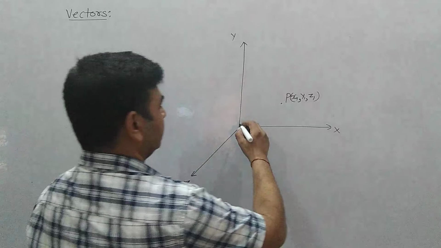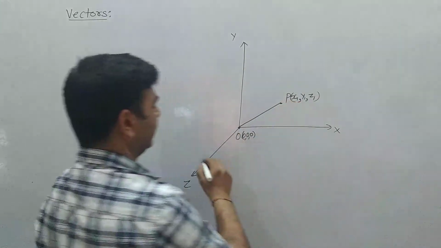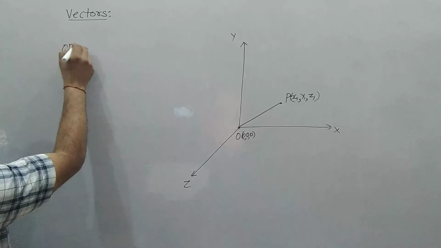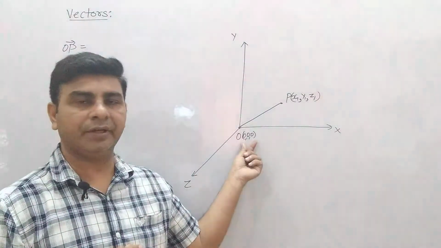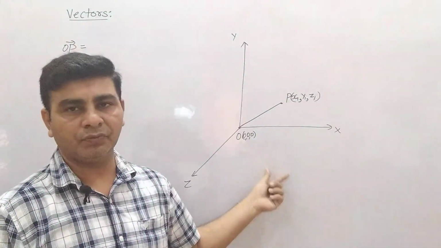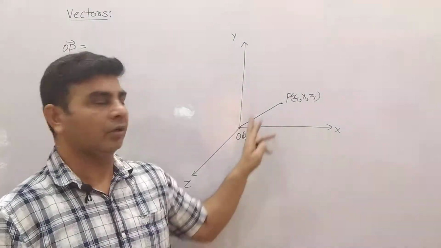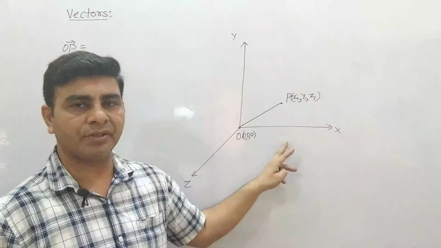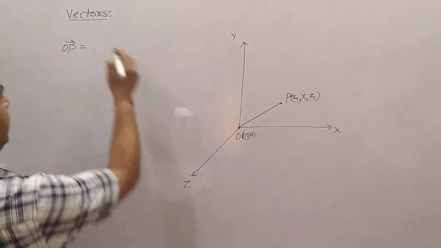Then the line directed from O to P is a vector with components, because O is the initial point and P is the terminal point. The vector OP is formed by subtracting the initial point from the terminal point along the x-axis, and the same along the y-axis and z-axis.